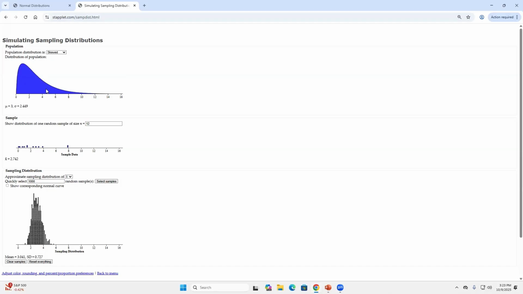And the more you simulate and work with populations that are not normally distributed and see that they generate sampling distributions that are normally distributed, it'll help separate those two concepts in your mind so that you don't make that mistake.